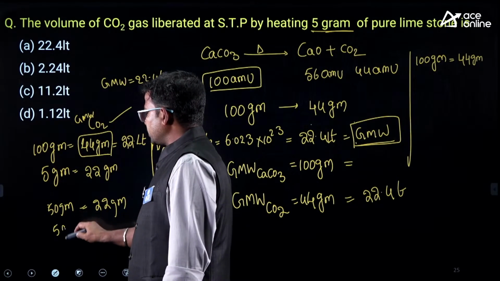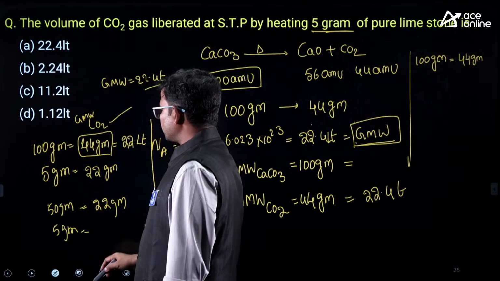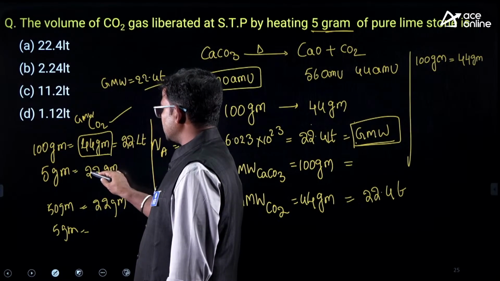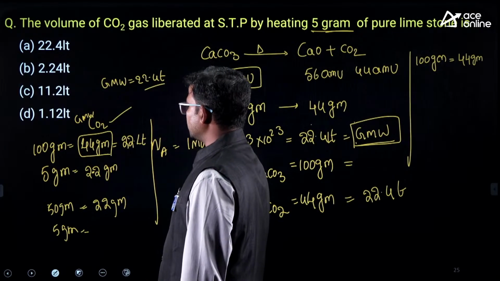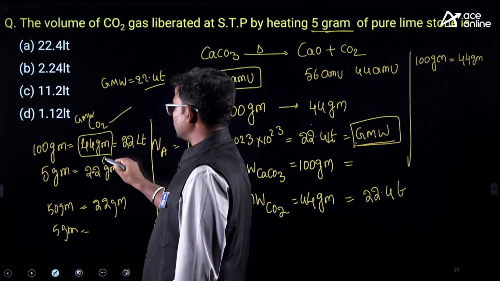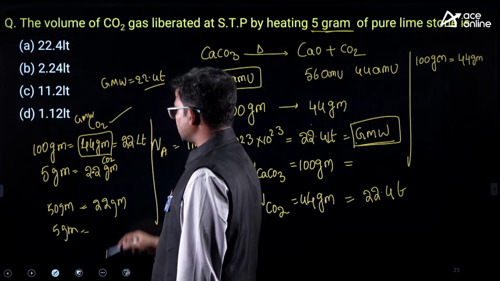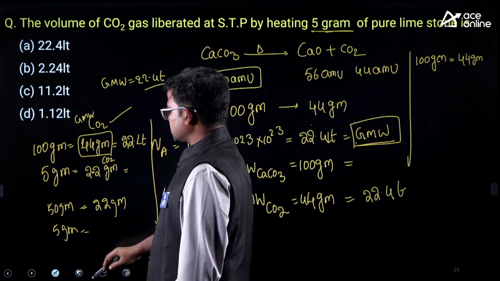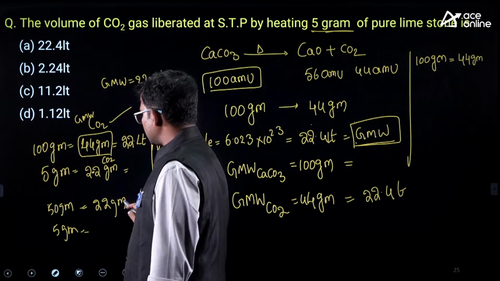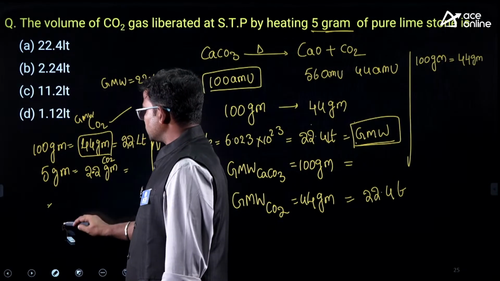So what about 5 grams? Divide by 10 here, and by 10 here also, then we can get 2.2 grams of carbon dioxide. In the same manner, here also we can apply this concept. So don't be confused.